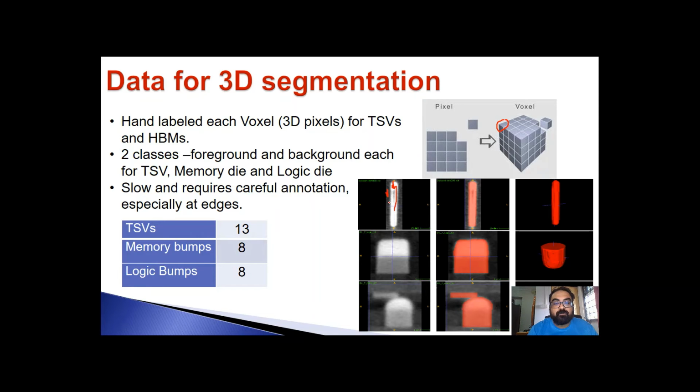It requires very careful annotation, especially at the edges. Hence, this is very slow. So we label about 13 TSVs and 8 memory and logic bumps for this work. And you can see that the final labeling looks like this, which is very detailed and thus requires a lot of effort to do.